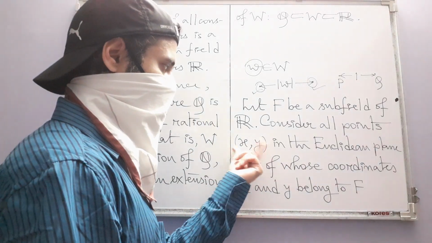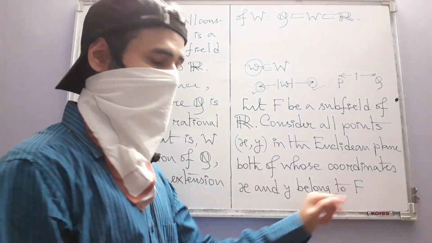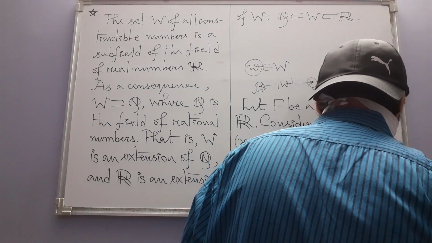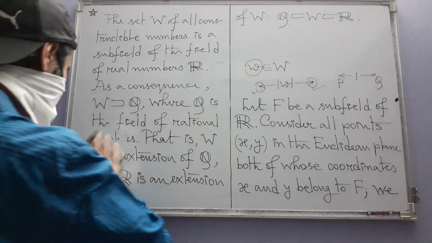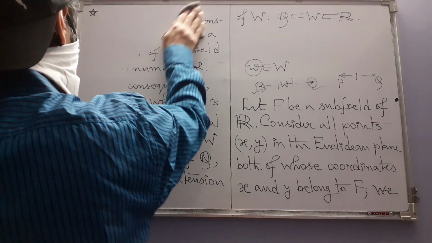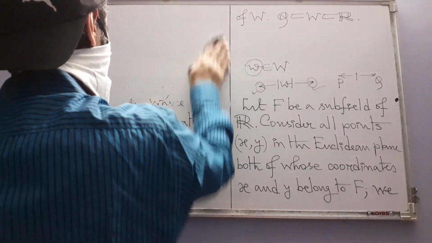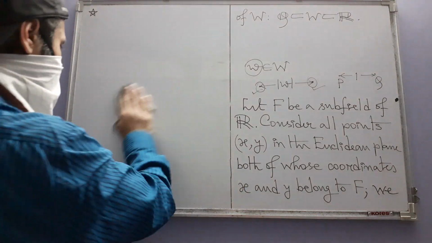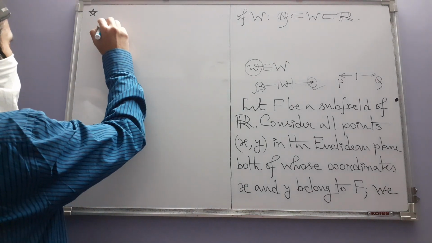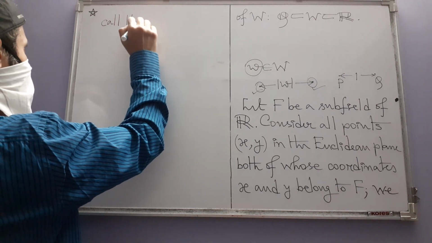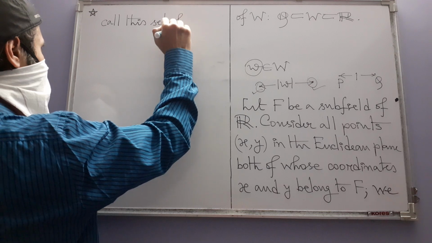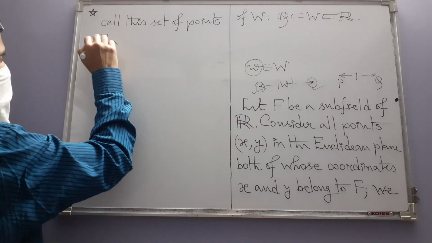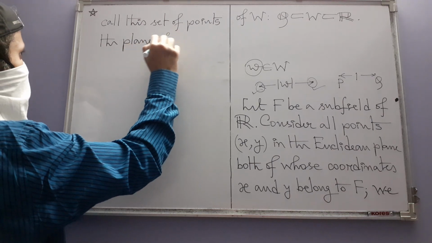So in R^2 we are considering those points, both of whose coordinates are elements in the subfield F. Then we call this set of points the plane of F.